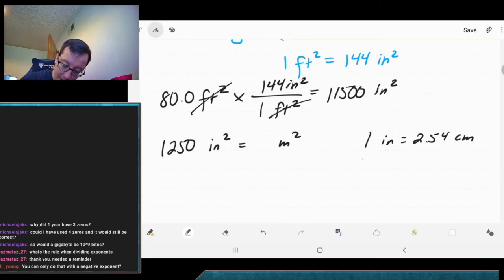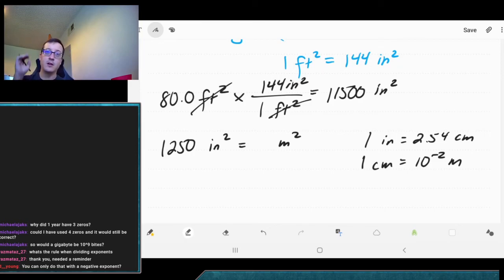This one, though, I would expect you to memorize. That's a metric prefix. You'll want to learn those. So don't worry about anything besides memorizing metric prefixes as your unit conversion factors. So everything else I will give you.